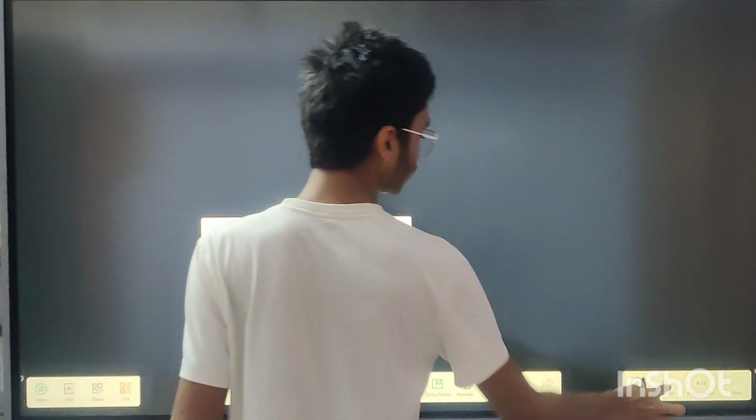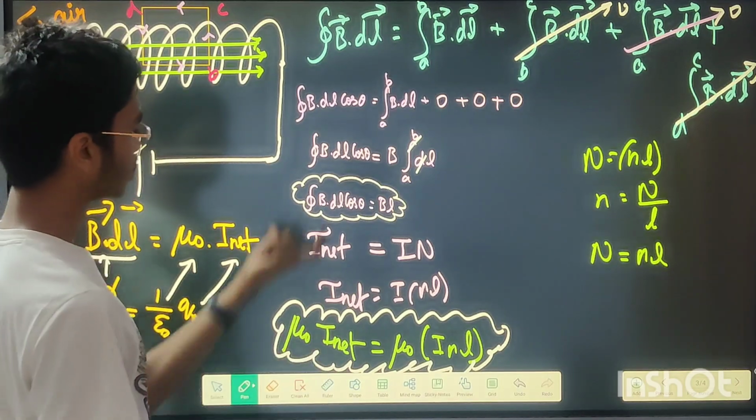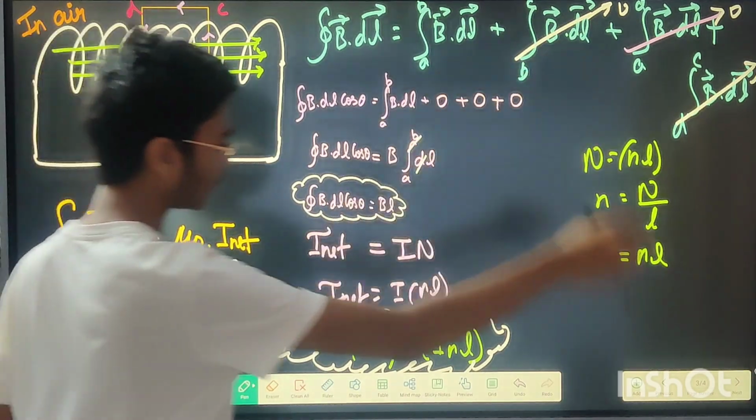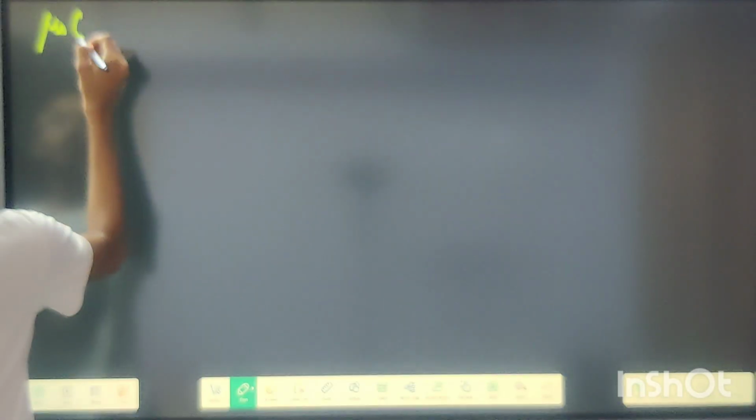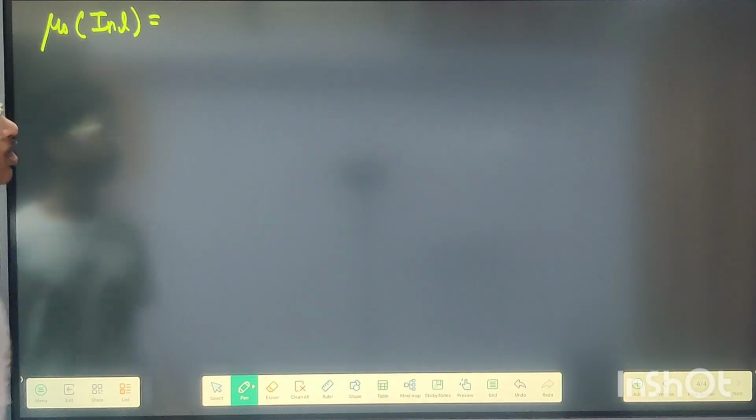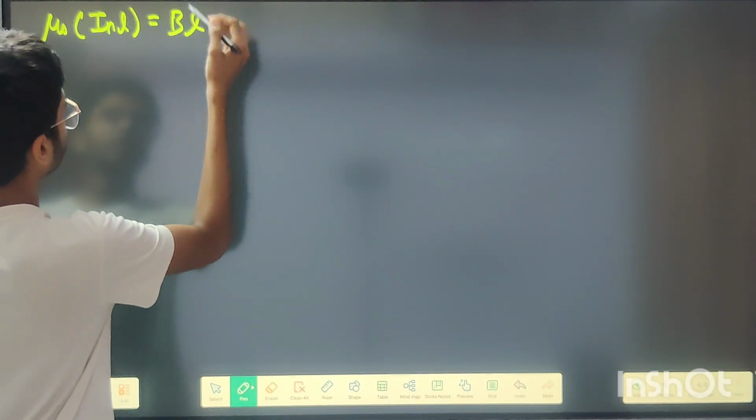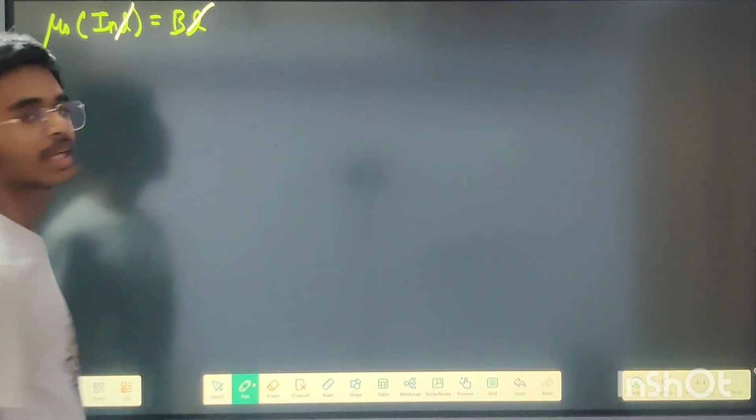Now what you have to do is equate them. This equation you have got, this equation you have got. All you have to do is equate them. So mu naught I NL is equal to BL, where this and this can be cancelled out.